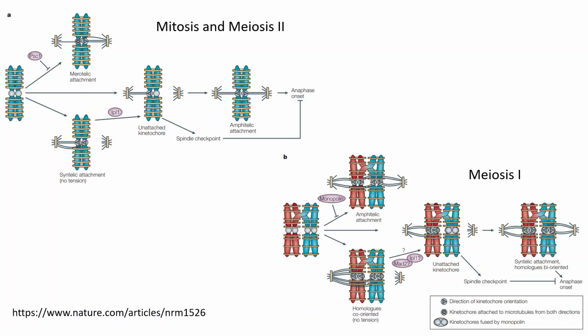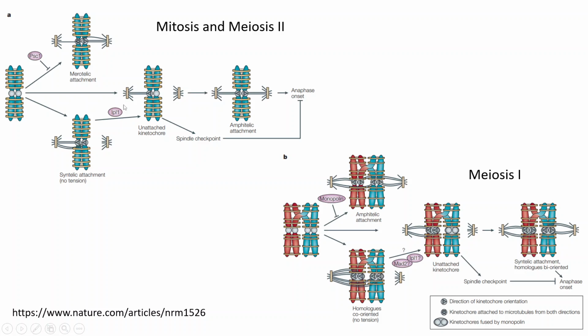All right, and there are some proteins that are important for inhibiting the other types of attachment that could potentially occur. We don't want unattached kinetochores, where nothing is attaching over here. We don't want a merotelic attachment, where on one side two chromatids are attached and on the other side only one chromatid is attached. We don't want syntelic attachment, where both the chromatids go off to one side.